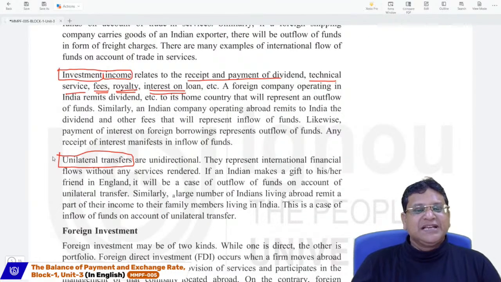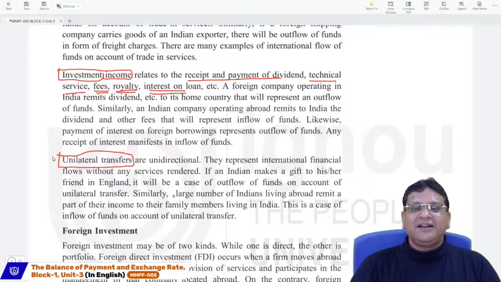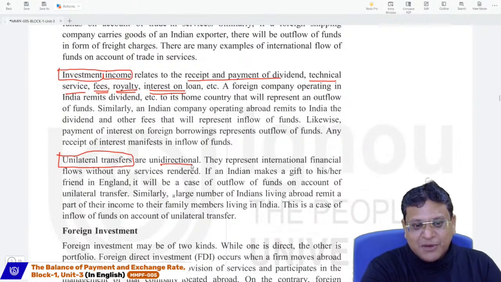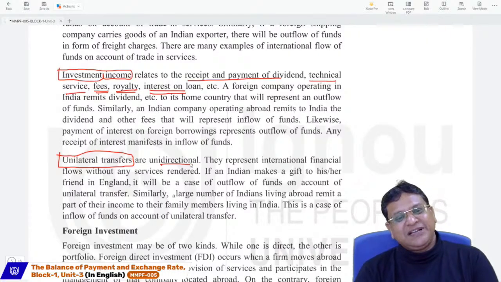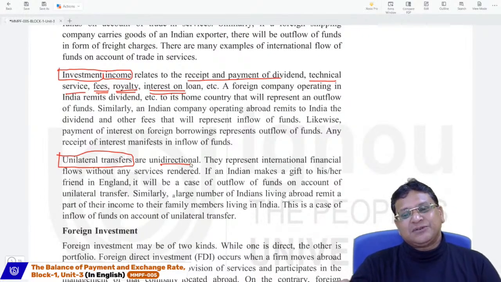Okay. Next one is unilateral transfer. Uni means one-sided. In a transaction, there are two parties, but there are certain unilateral transfers, that means unidirectional transfers. There is no transaction, but one party gifts another party. That will result in unilateral transfers. Suppose you gift something to a friend who resides in the UK, who is a citizen of the UK.